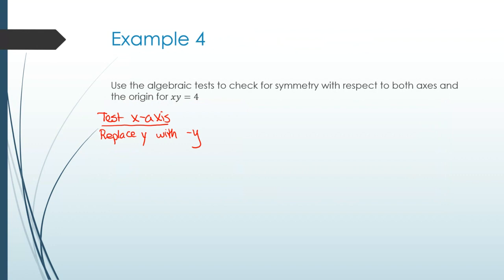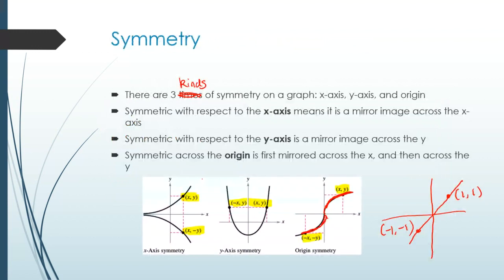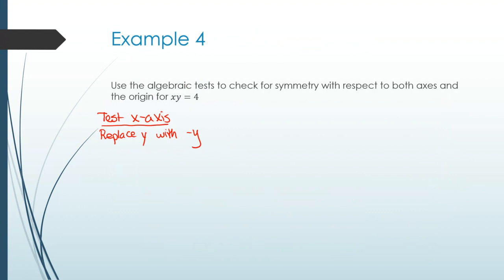And then that goes back to our picture. On x-axis symmetry, we have y and negative y, and that gives us the same x value. So when you're testing, that's what you do.